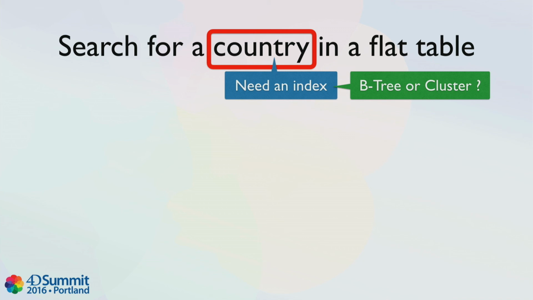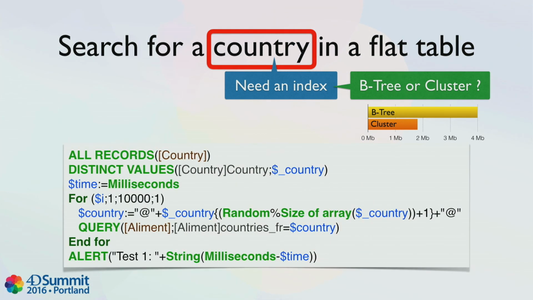In this situation, I tested both, and I think cluster is better. For country, we have repeated values, so it's not a surprise. So now it's time to code. Okay. It's my test case. And the time to perform the loop is 3 seconds. Okay, an easy one.